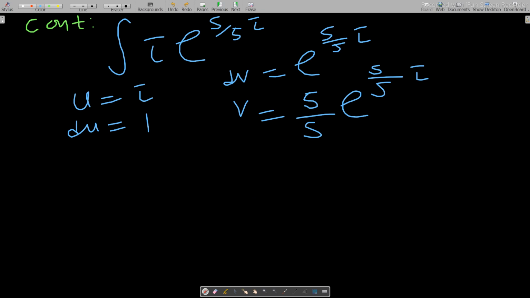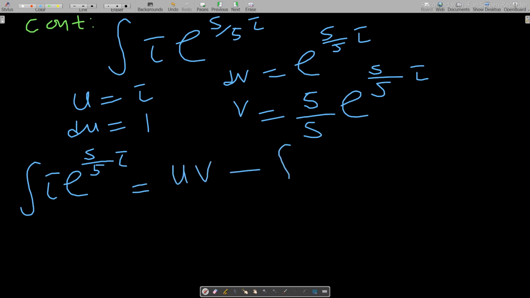So with this whole integral, tau e to the s over 5 tau should be equal to u times v. Okay, so for the integration by parts, we said it's uv minus integral of v du, and this will give me u is what, tau, v is what, 5 over s.